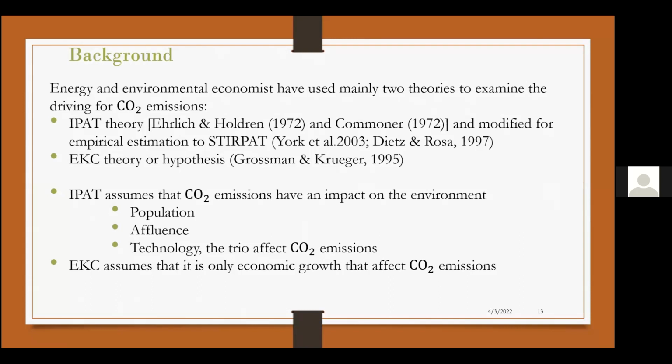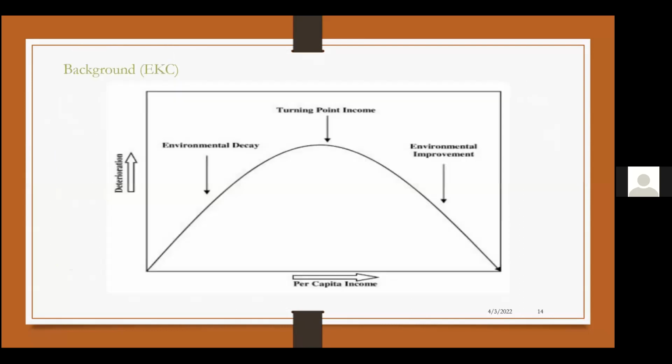This particular model assumes that emission is caused by the influence of population, affluence, which is basically our GDP, and technology. This theory was also built on the environmental Kuznets curve theory or hypothesis. But in our analysis, we will see how I try to formulate the theoretical framework for this particular analysis.